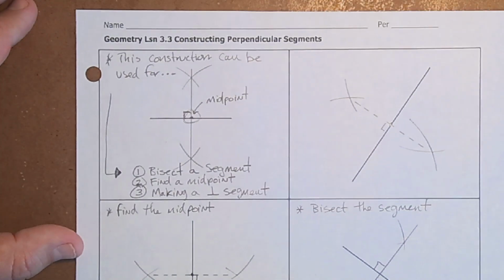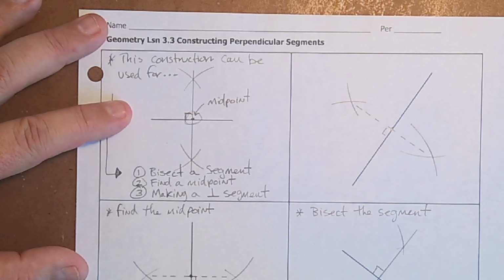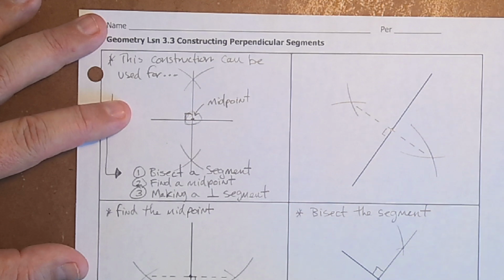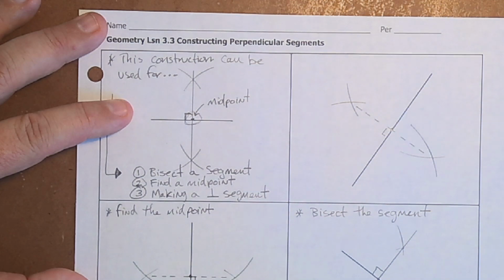This construction right here has a special name. Ready? I'm waiting for the guys in the back who aren't paying attention. Okay, this construction has a special name. It's called the perpendicular bisector. Kind of makes sense, right? Bisects at 90 degrees, perpendicular bisector.